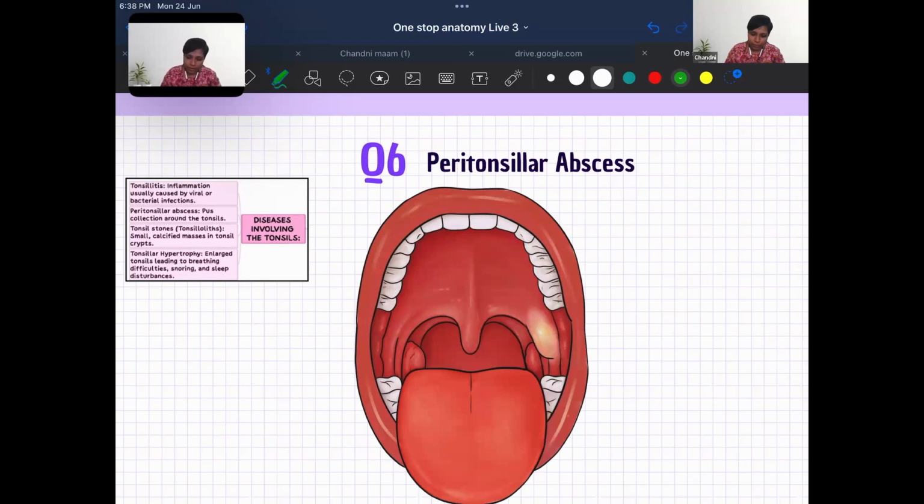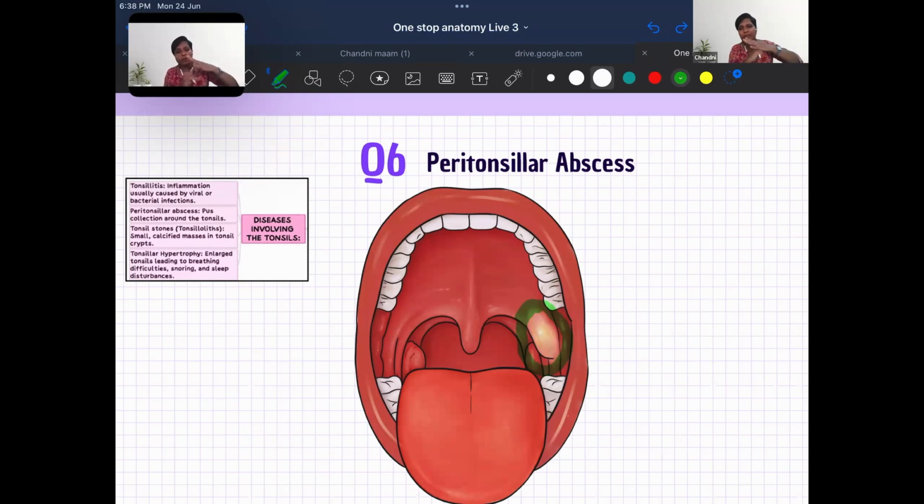If you look at this picture here, it looks like there's a transparent layer on top. So that means the pus is actually under the mucosa. So it's a submucosal collection or accumulation of pus. Now, anything that accumulates under a particular structure will stretch that structure, and when it gets stretched, it causes a lot of pain.